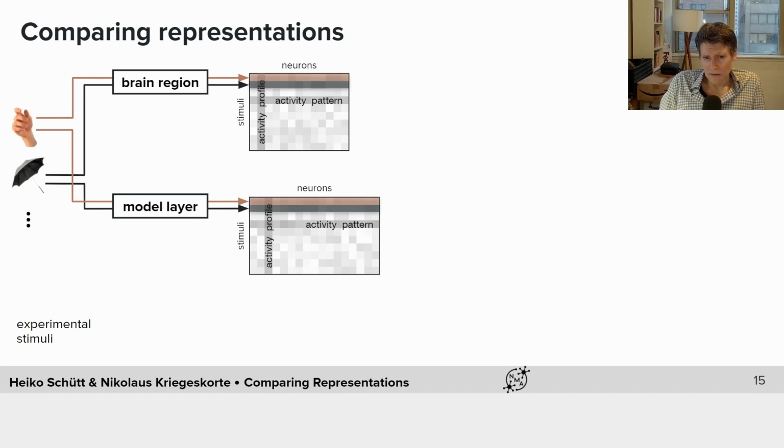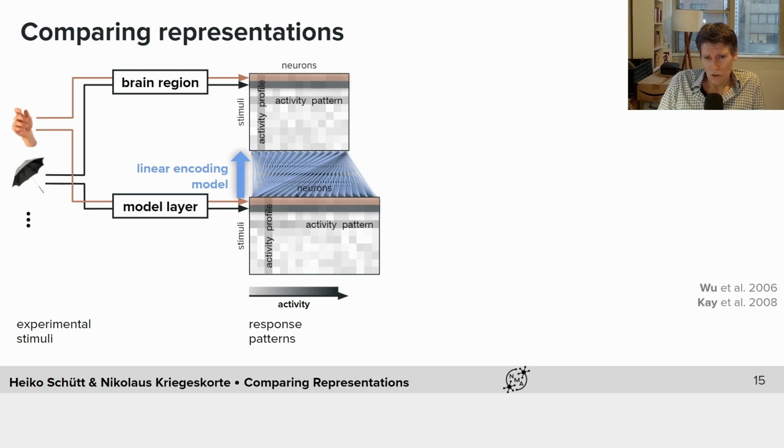So this makes it difficult to pursue a simple comparison of one activity profile to another activity profile. We will not have a one-to-one correspondence mapping here. We don't even have the same number of neurons. So one approach is to fit linear encoding models, where we fit a linear mapping from each of the neurons of our model layer to each of our measured neurons in the brain region that we're looking at.